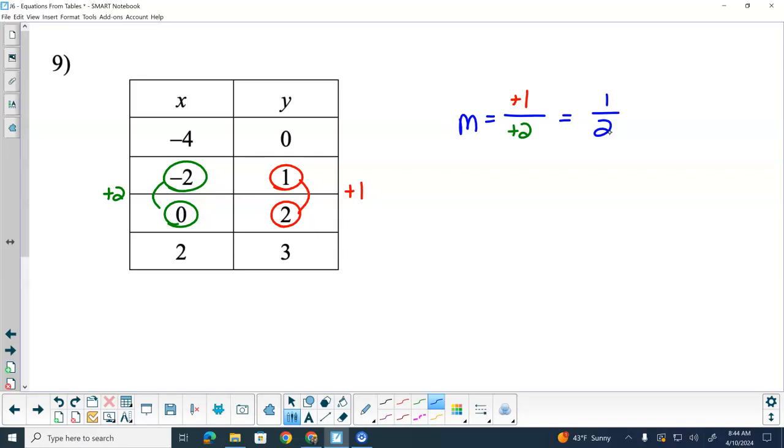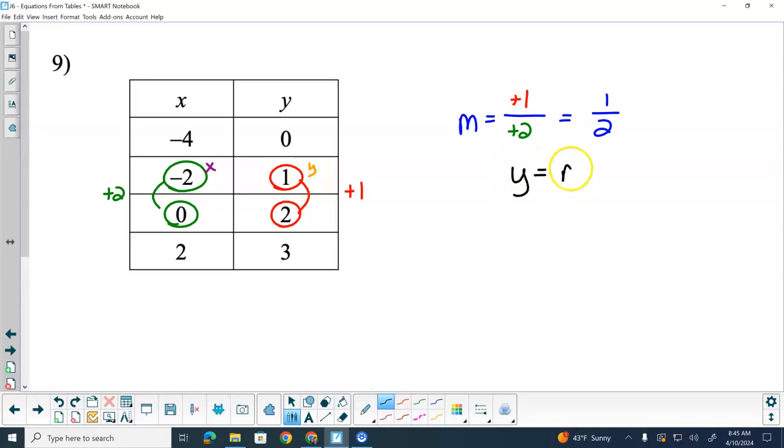Ureli, we're going to skip all the way over to you. Which point do you want to use, or do we have a special point? You want to use the second one down? Okay, that's fine for me. So then this would be my x, this would be my y, correct? Okay.